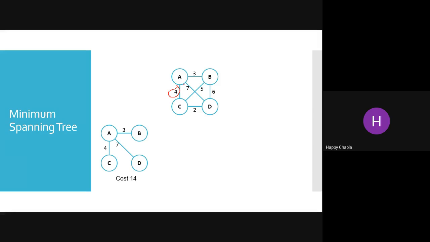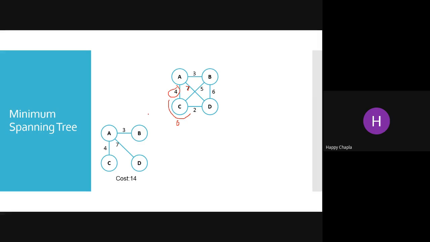If I want to visit A to D, then the traversing weight is 7. But if I take a path like A to C, C to D, then the cost of that traversal is 4 plus 2, which is equal to 6 only. Okay, so we are trying to find the minimum spanning tree which has the minimum cost.